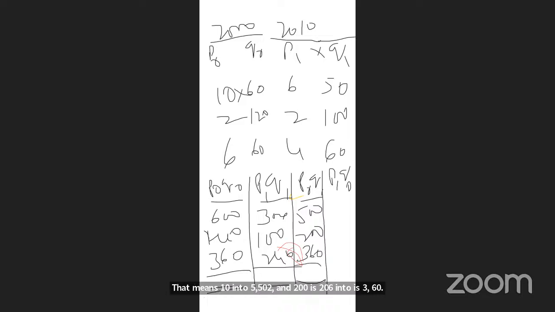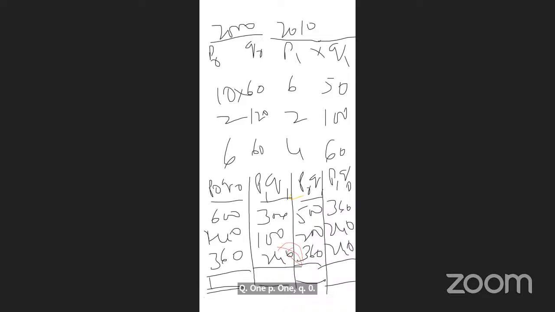Now P1 into Q0, 60 into 6 is 360. 120 into 2 is 240. 60 4s are 240. Now calculate these totals. P0 Q0, P1 Q1, P0 Q1, P1 Q0.